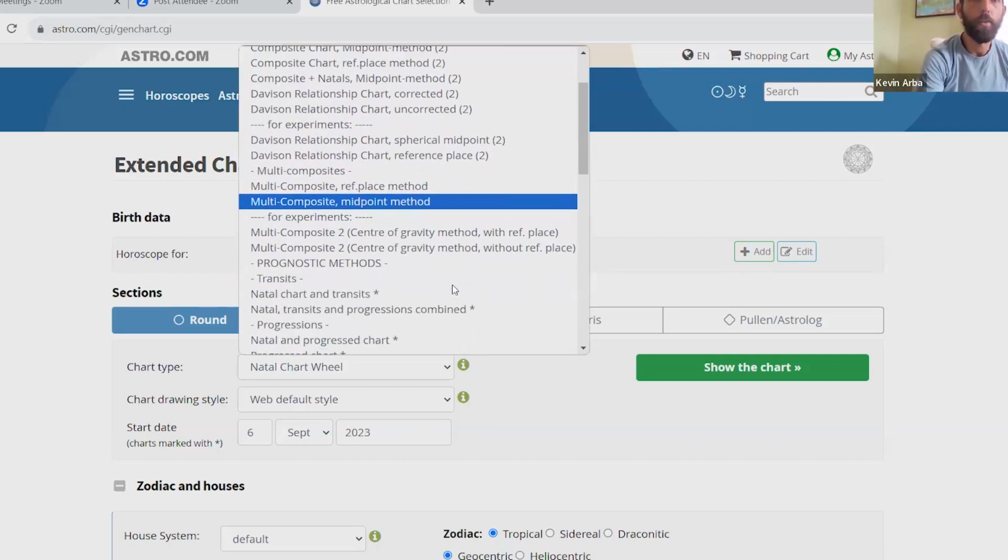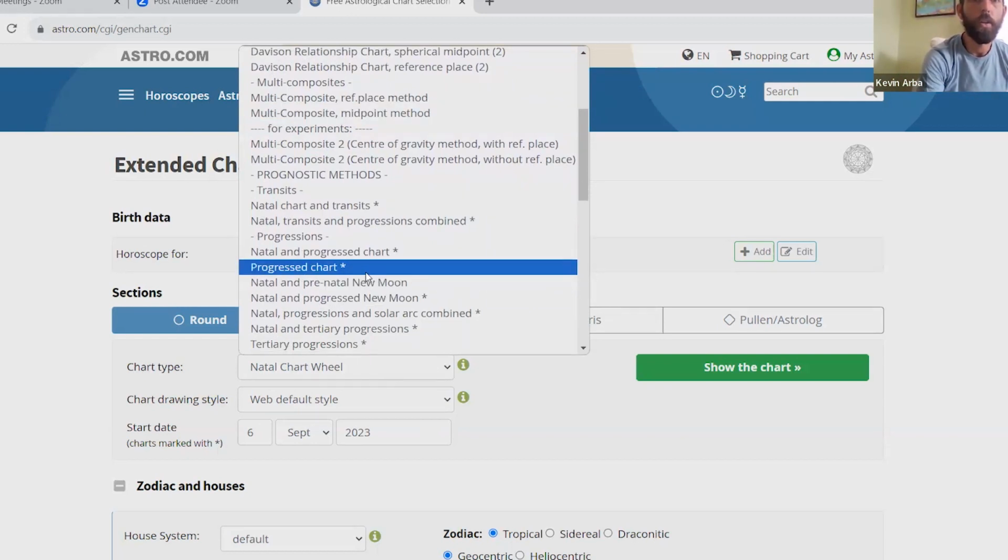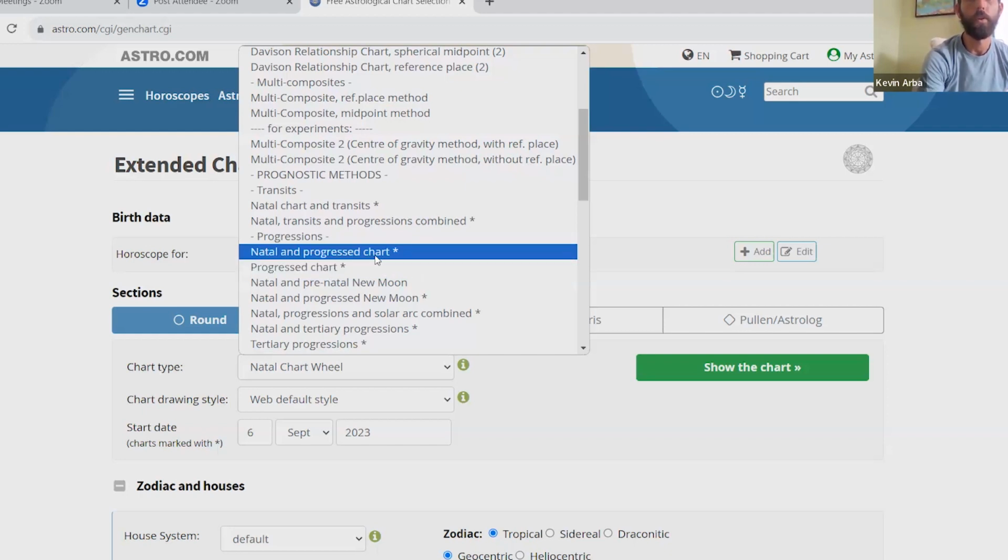So you just pull down, and then we're going to look at the progress chart. If you're doing a reading for someone else, or even for yourself and you don't have your own chart memorized, I happen to know exactly where everything is in my chart. We'll look at both. You can also do the natal and progressed. In the natal and progressed, it'll pull up your natal chart, and then on the outside, it will show the progressions.